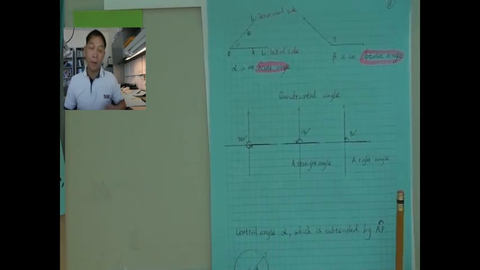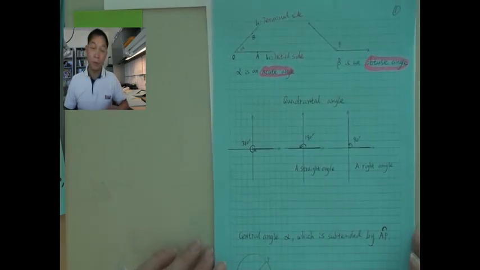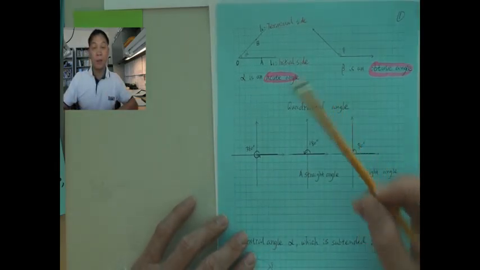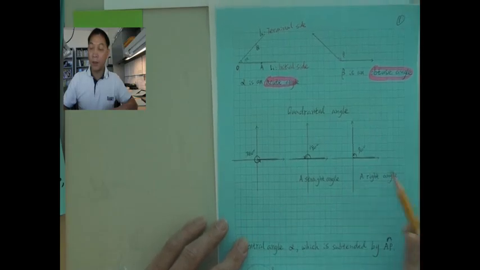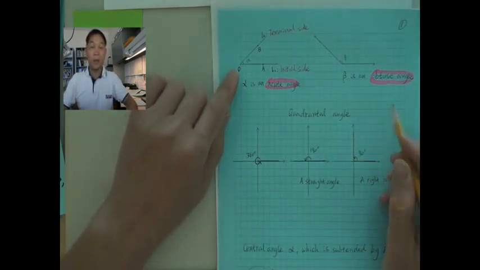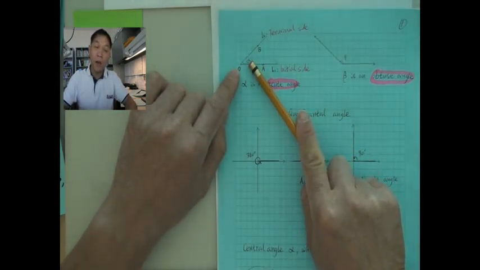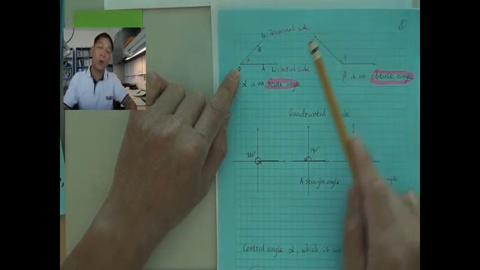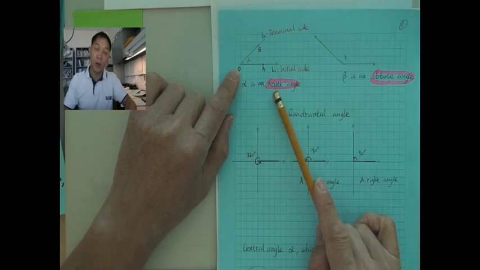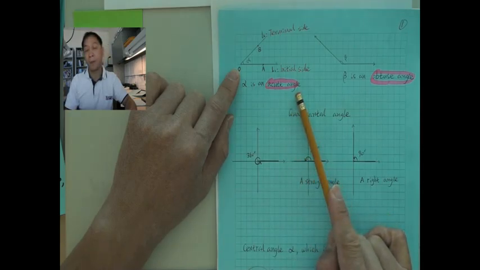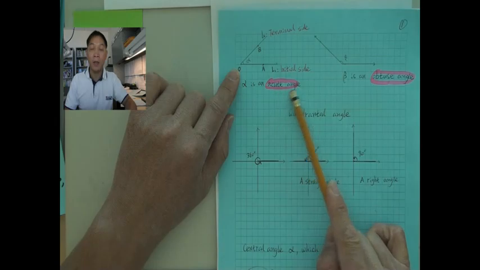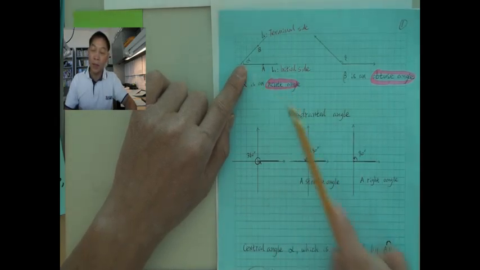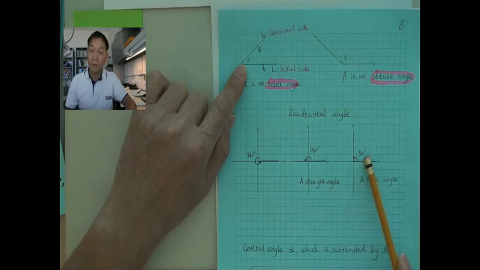Now, back to the beginning, there are two cases down here. One is that we know this is 90 degrees, but this angle, apparently alpha, is less than 90 degrees. So we call this alpha an acute angle. Okay? Acute angle means an angle with degree less than 90.